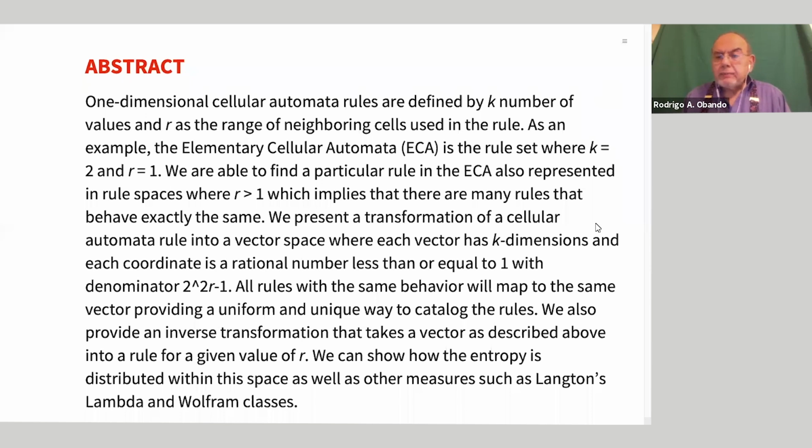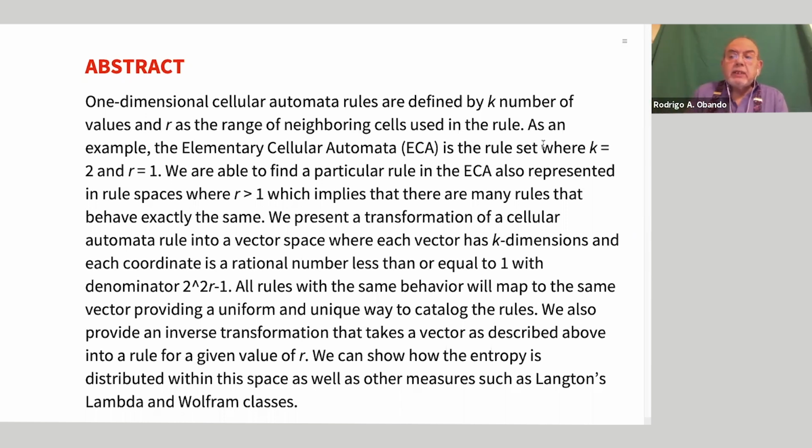All right, so, one-dimensional cellular automata. The rules are defined by k, the number of values, and r, the range of neighboring cells that are in use. As an example, the ECA is k equal to 2, r equal to 1. And for that, we are able to find a particular rule that is represented in a rule space, where r is greater than 1, which implies there are many rules that behave the same way.